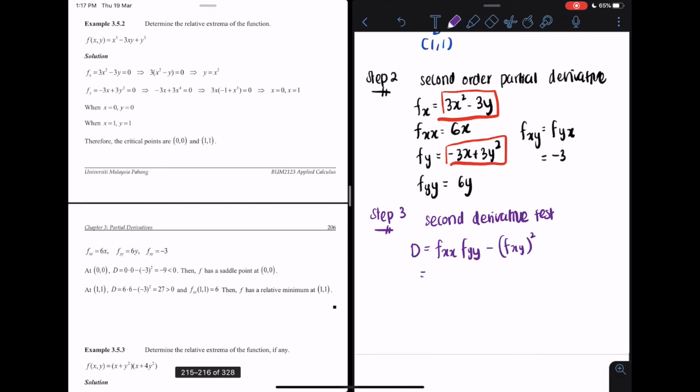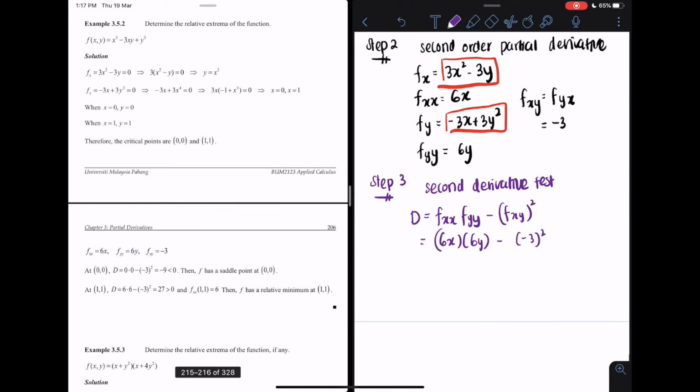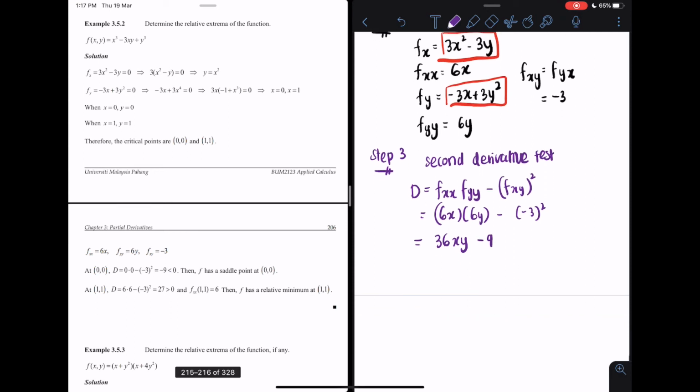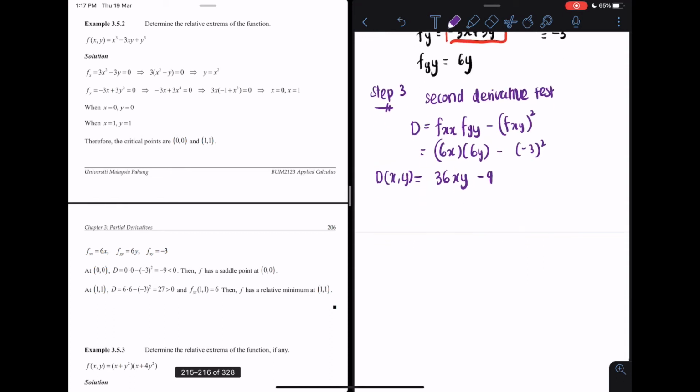In this case, you get 6x times 6y minus 3 squared. You will get 36xy minus 9. Okay, this is D(x,y).